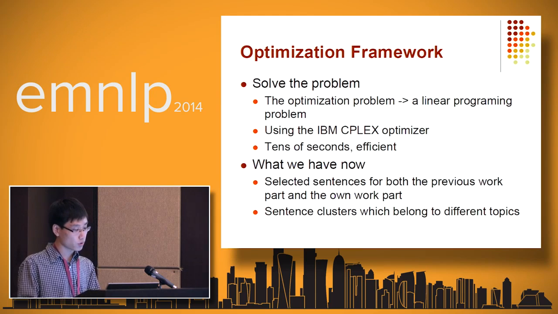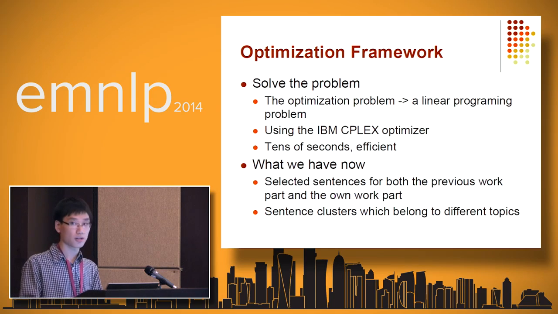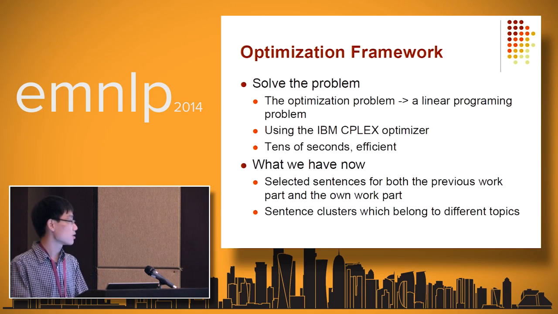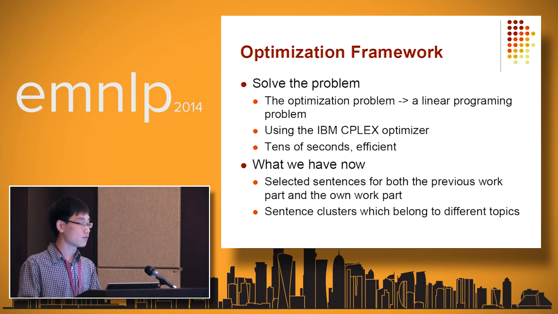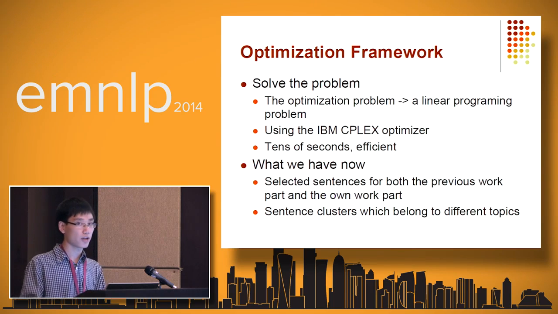And what we have now are selected sentences for both the previous work part and the own work part. And we also have sentence clusters which belong to different topics. With this, we can easily generate the final draft related work section.